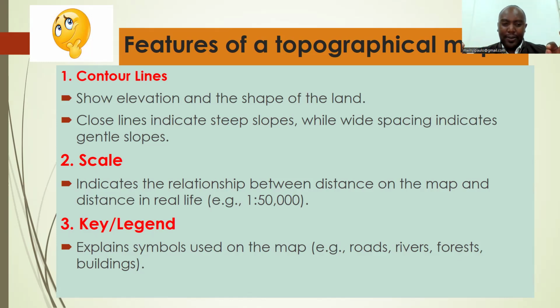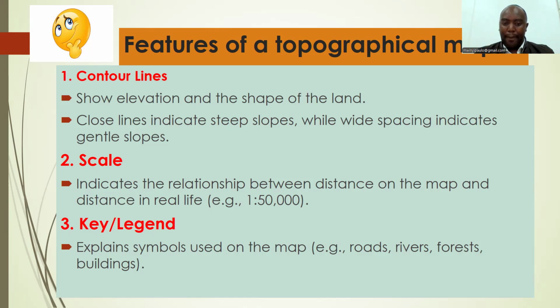Now, these contour lines show the elevation and the shape of the land. If the contour lines are close to each other, they indicate steep slopes, whereas if they are widely spaced, they indicate gentle slopes.